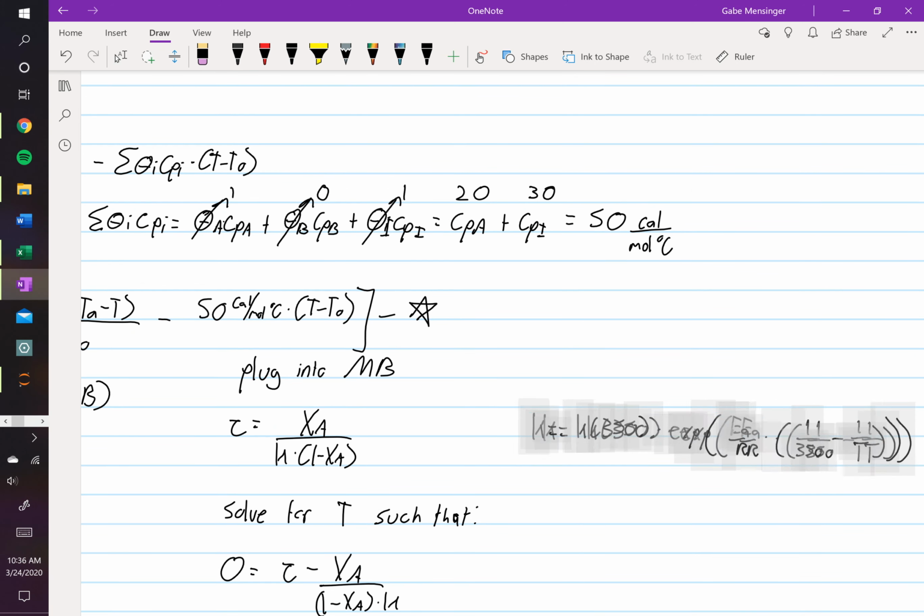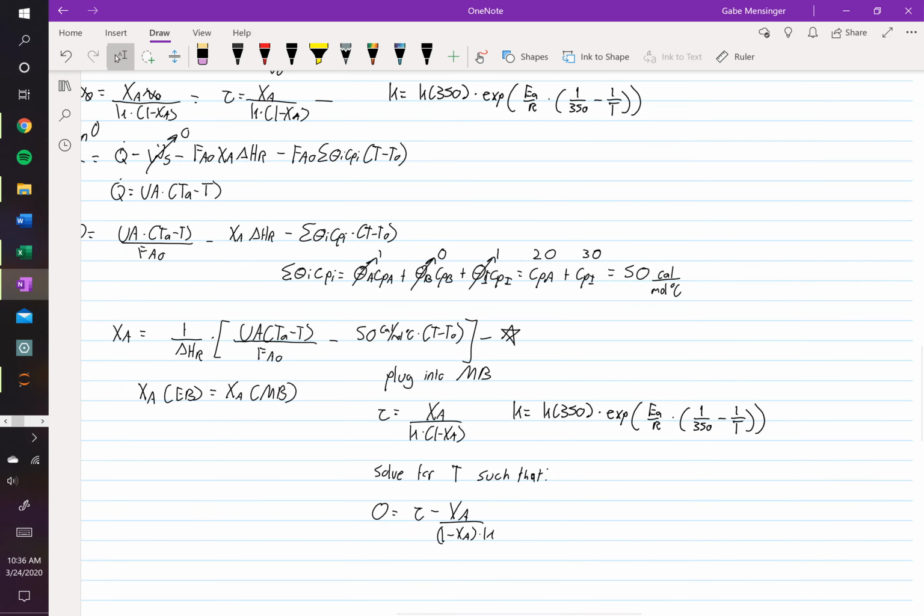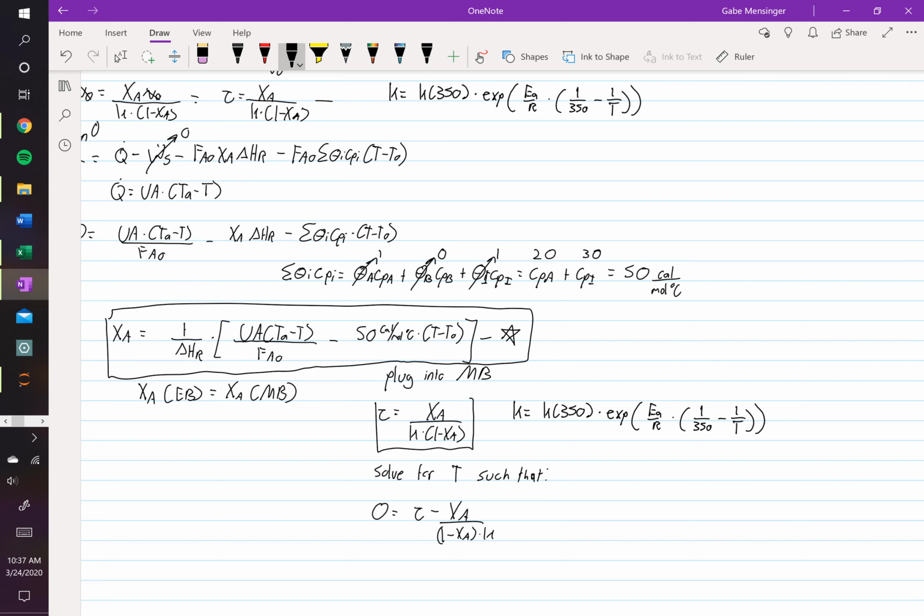All right. So now we've got an expression from our mass balance, an expression from our energy balance, and an expression for k. And now we need to solve for T such that this becomes true.